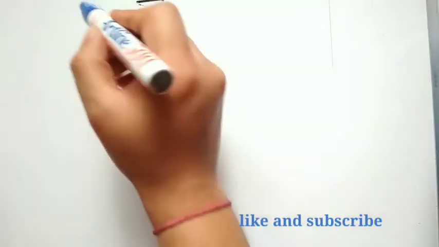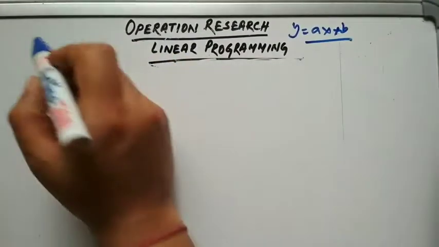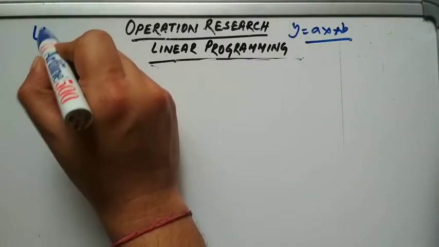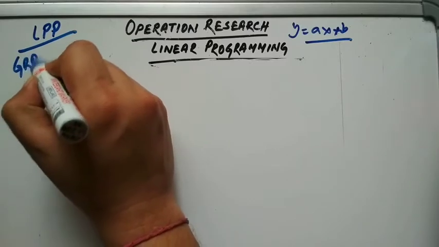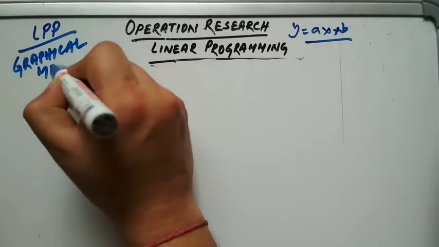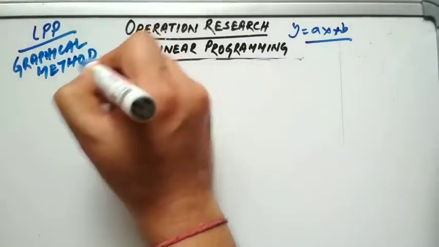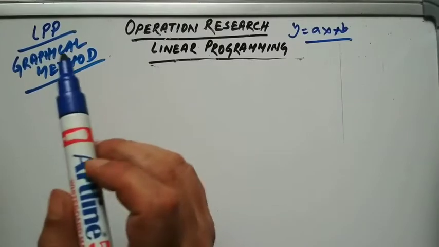First of all, I will write the problem over here. Solve the LPP by the graphical method. And let me tell you what is the limitation of the graphical method first.